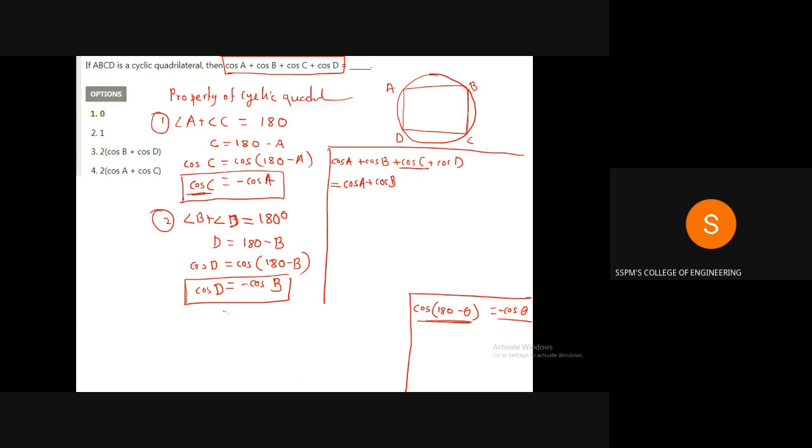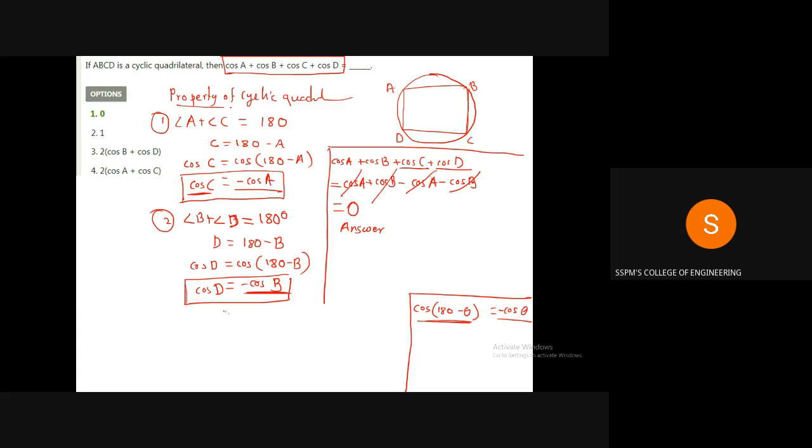It is minus cos A. The value of cos D is minus cos B. Therefore, this cos A and cos A will get cancelled. Similarly, cos B and cos B will get cancelled as well. We will have 0 as the answer.